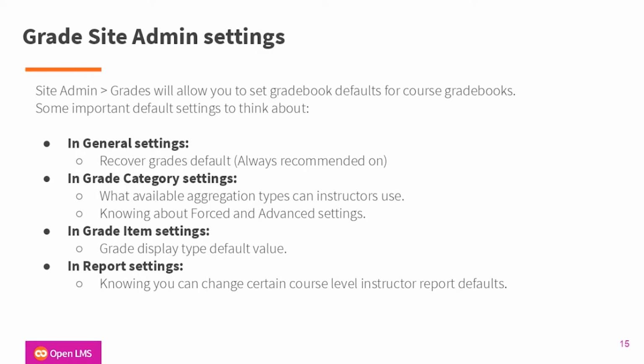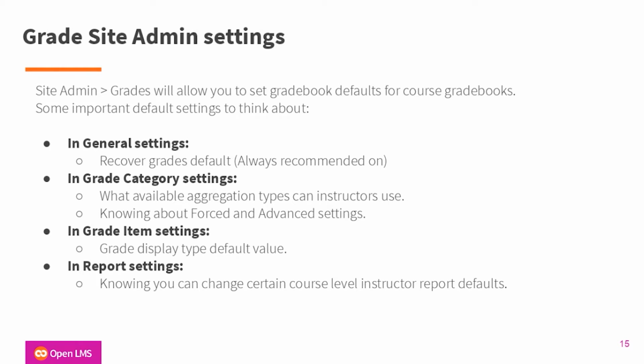And then we're going to talk a little bit about forced and advanced settings, again in the grade category settings. This is related to how these settings appear in the actual grade category in the course itself. Forced means that you're essentially forcing that setting, turned on by default.